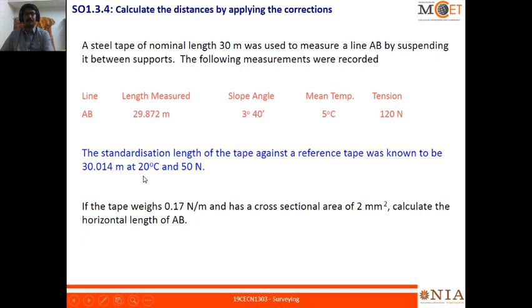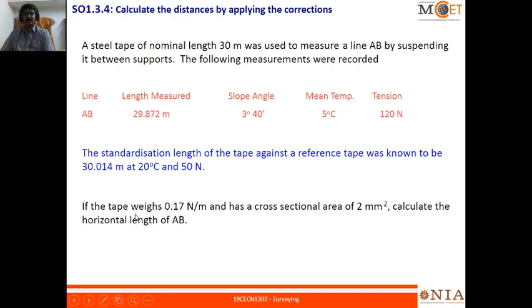This is the temperature they used in the manufacture of the chain, and the pull they applied is 50 Newton. At that time the length was 30.014. So that was the standard length, but we consider it as 30 meter, and with that we measured 29.872, right?